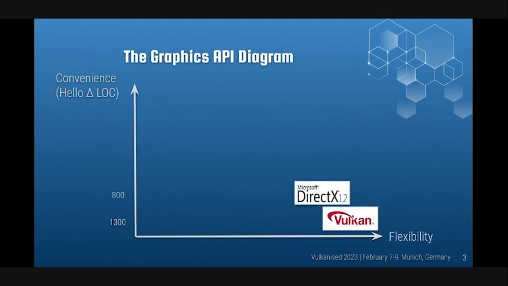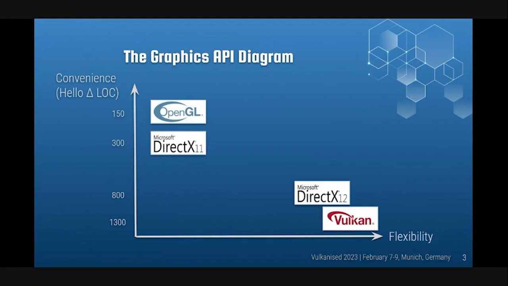DirectX 12 will be slightly less flexible and maybe a little bit less verbose than Vulkan. On the other hand, OpenGL will be the least flexible API, but it will also be the easiest API to use. DirectX 11 arguably provides the same functionality as OpenGL and requires a little bit more code. Metal will be somewhere in between.